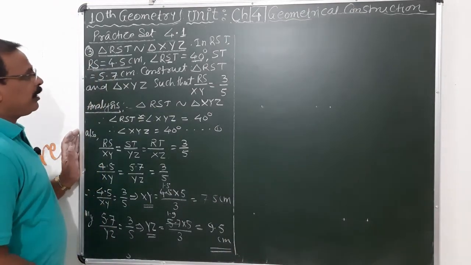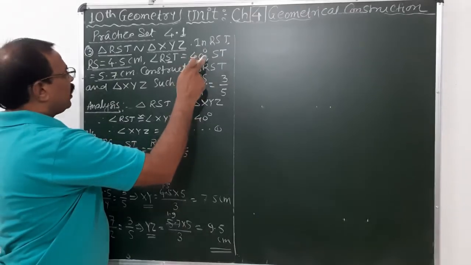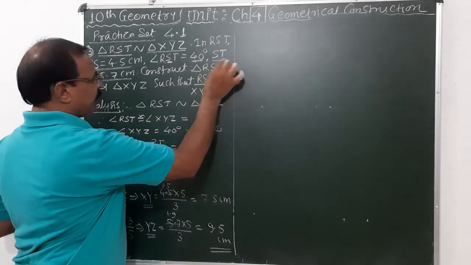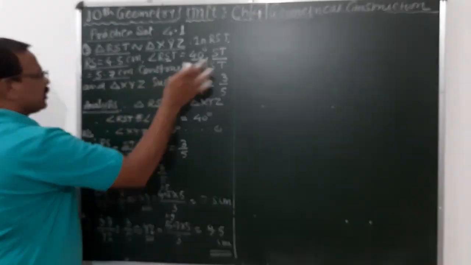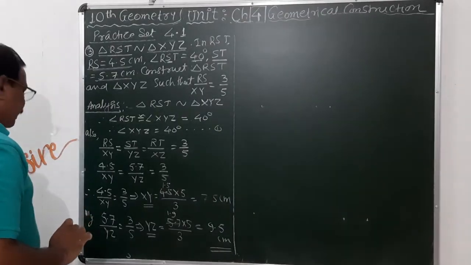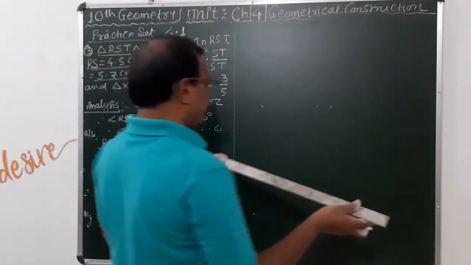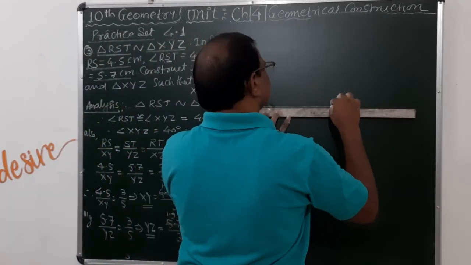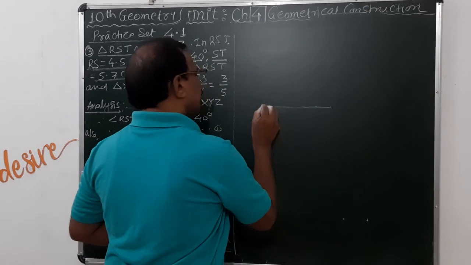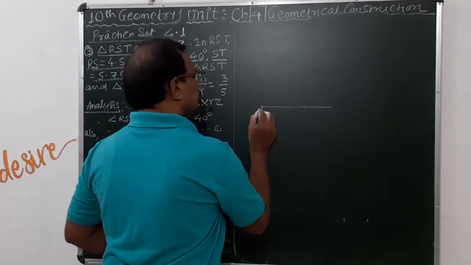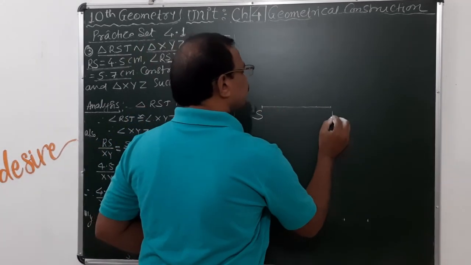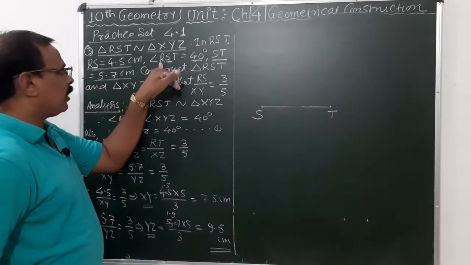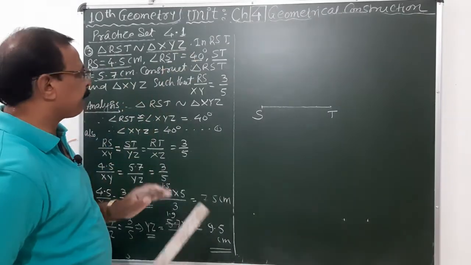Now first of all we draw a triangle RST here. I first take the measure ST is equal to 5.7 centimeter here. So this is nothing but ST. An angle RST is equal to 40 degree here.